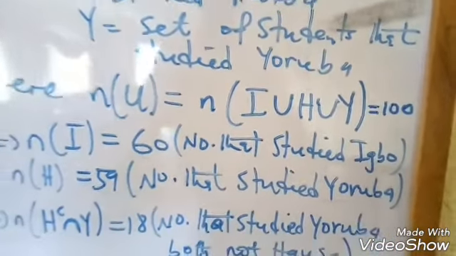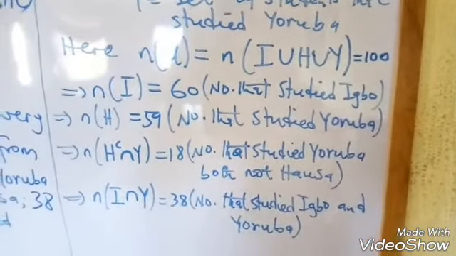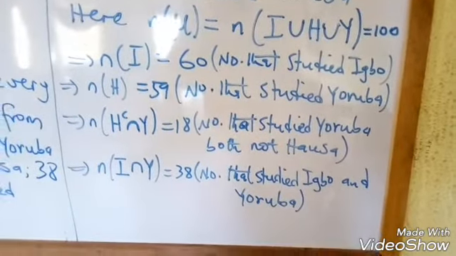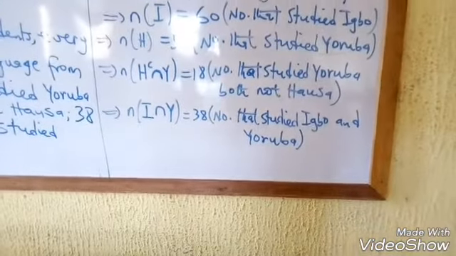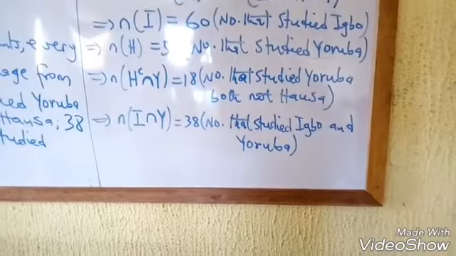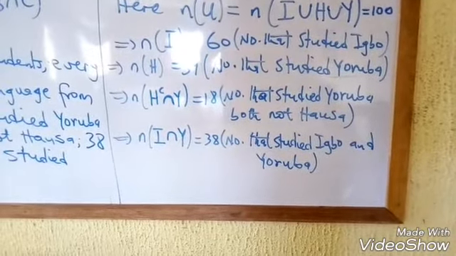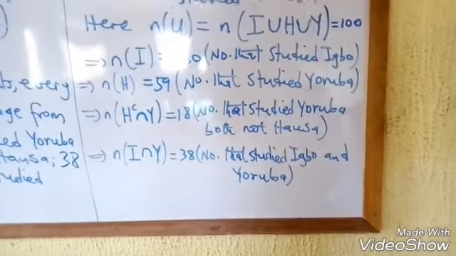Now, from what we have written, it is clear that N of U equals N of I union H union Y equals 100. What do I mean by that? From the question, we are told that every student studied at least one language from Igbo, Hausa, Yoruba. That means of the 100 language students, everybody participated in studying one language.